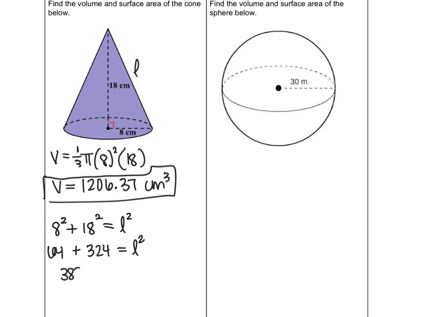So we get 388 equals L squared. Take the square root. We have a slant height of 19.7.